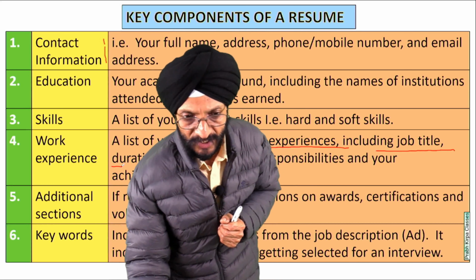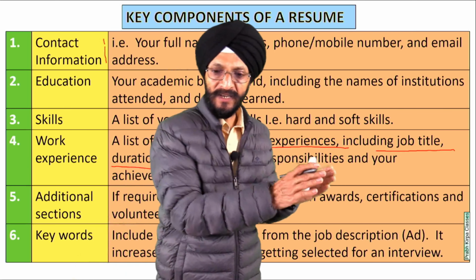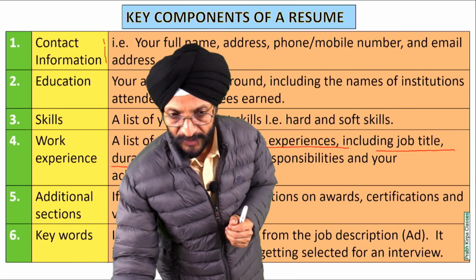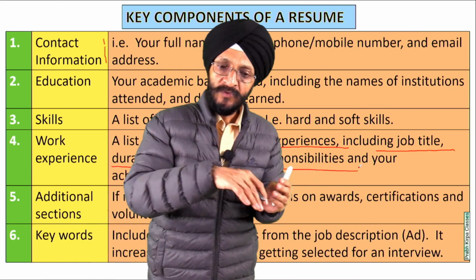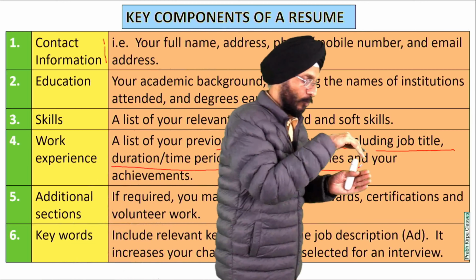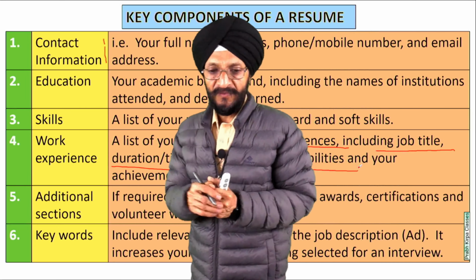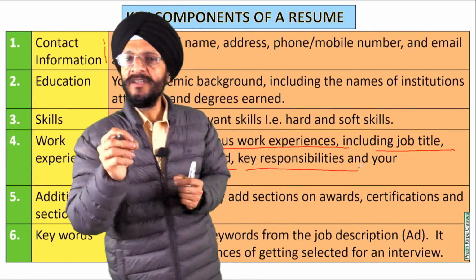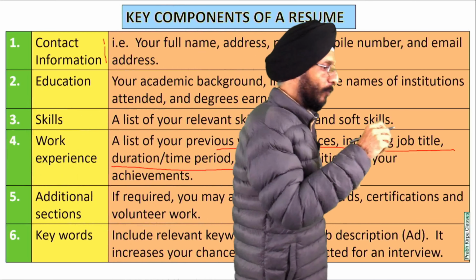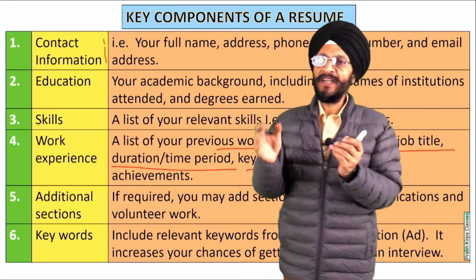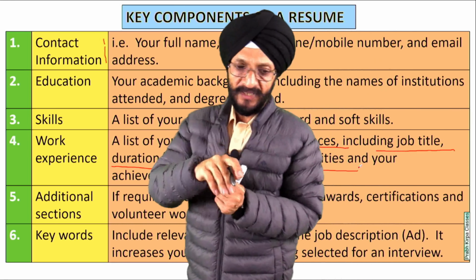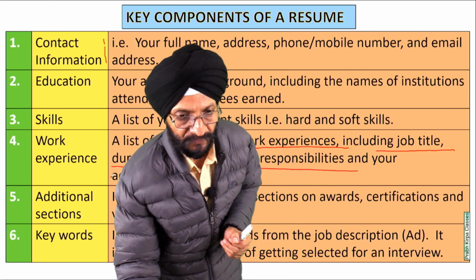Then the duration or the time period for which you had that job, what were your key responsibilities, which responsibilities you were performing in that organization, and what achievements you might have achieved while performing that previous job.